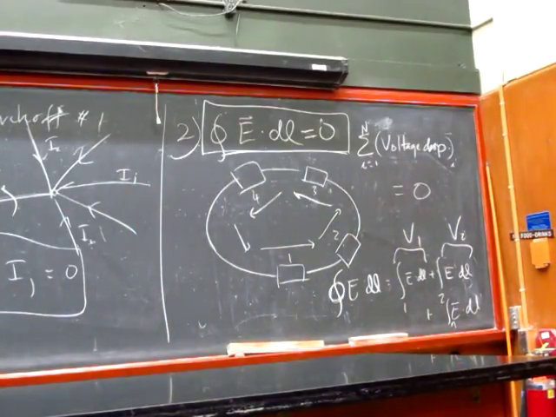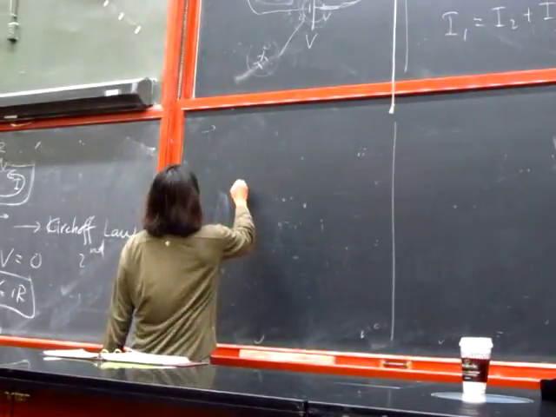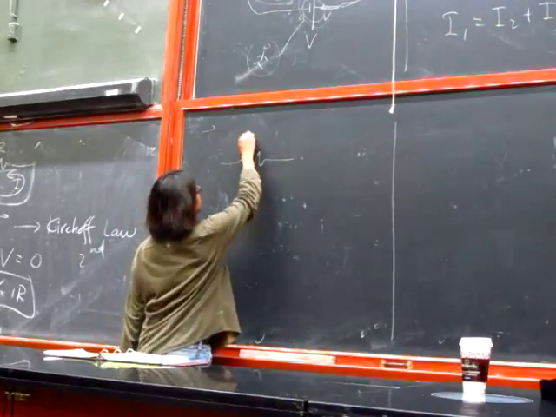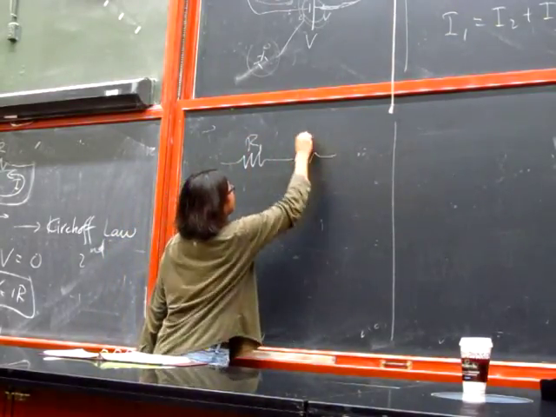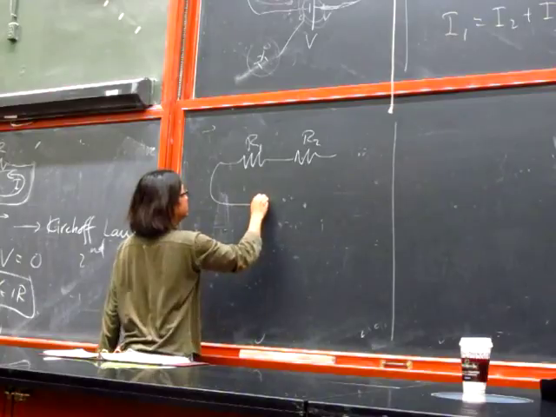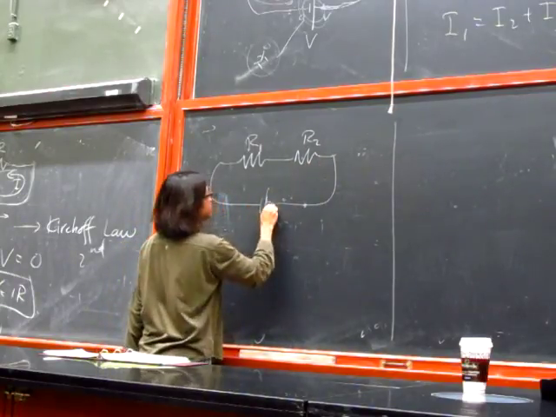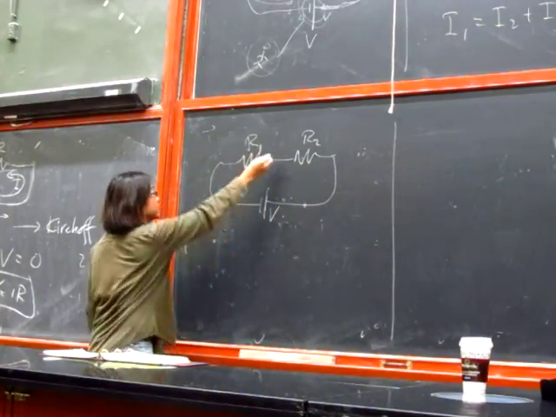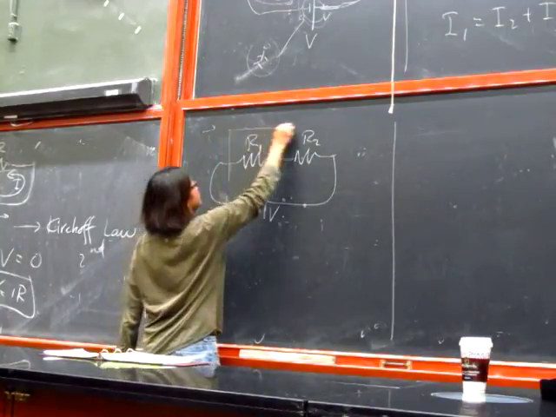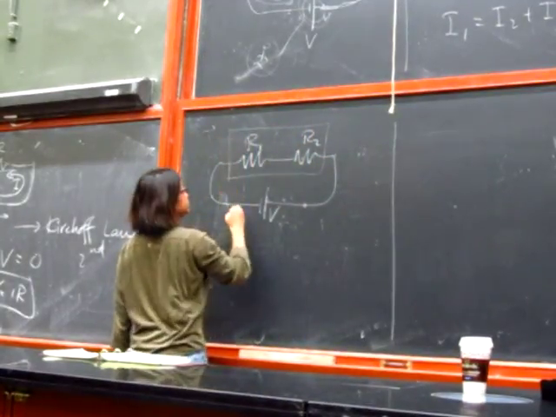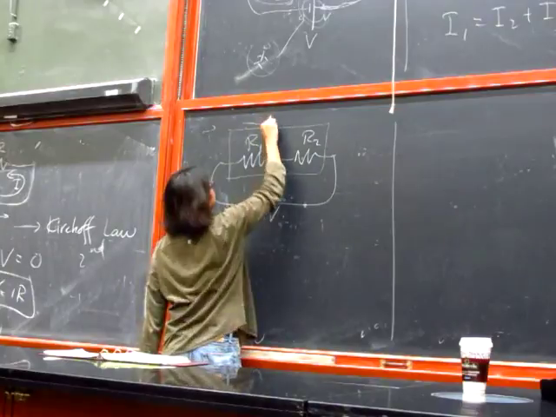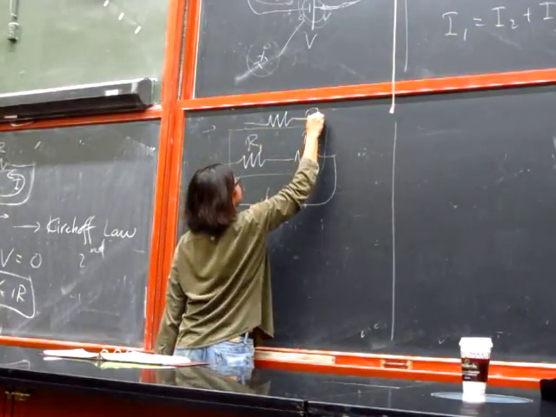So, one of the standard canonical examples is when you have two resistors R1, R2, and the battery. Then, as an equivalent circuit, this is equivalent to just one resistor, R equivalent.